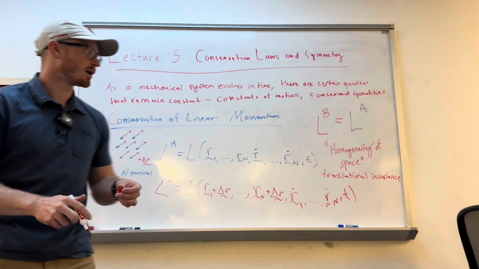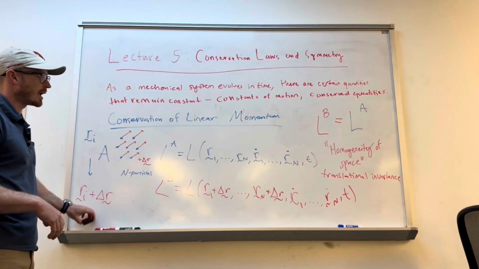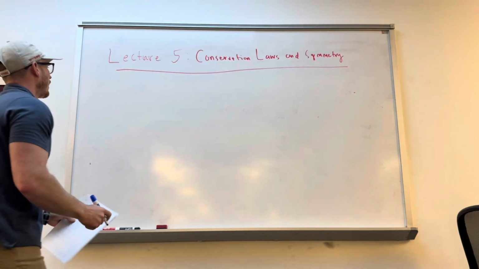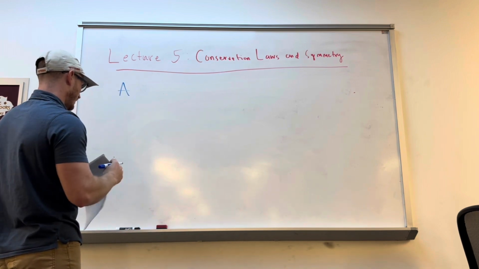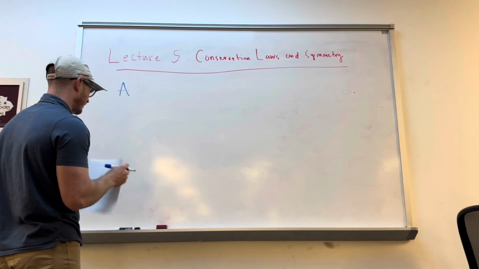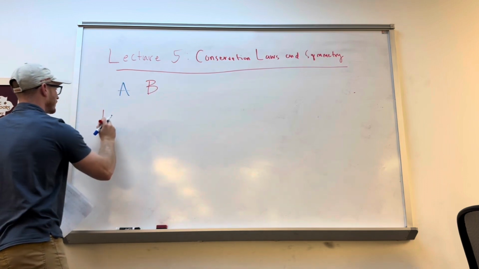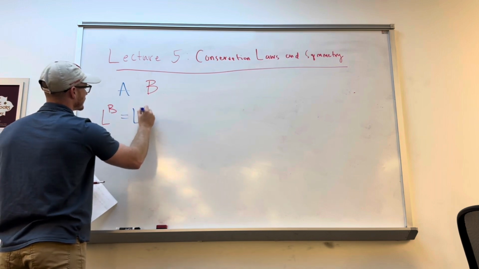So let's look at the consequences of this, particularly with respect to a differential change in R. All right, so we had our system A and a system B. And we said that the homogeneity of space would give us that LB is equal to LA.